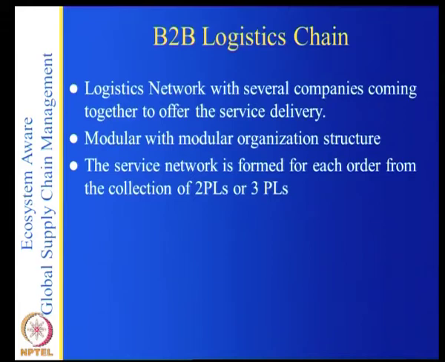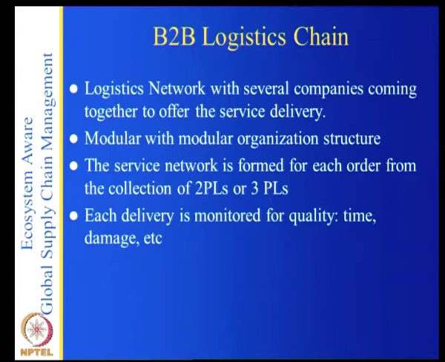At that time there are no fixed players. So you have a collection of people, and from that collection you select the truck drivers, the warehouse places, the trucks, and so on, and you form a network for each of these orders, and each delivery is monitored for quality, time, and damage, etc.